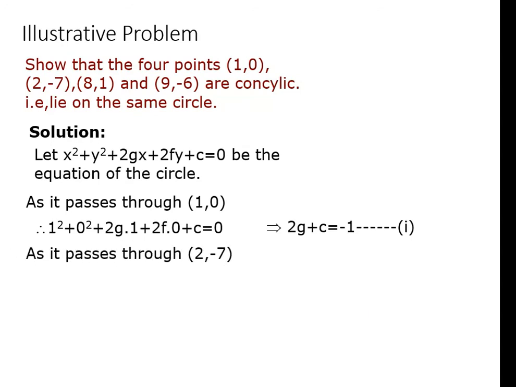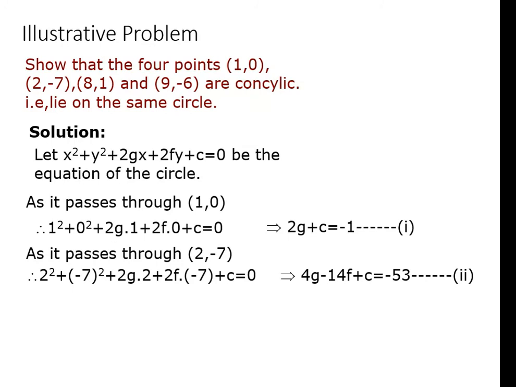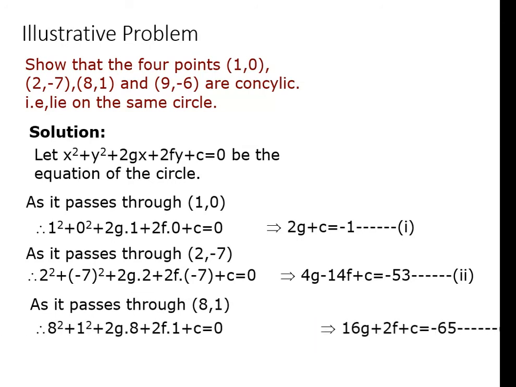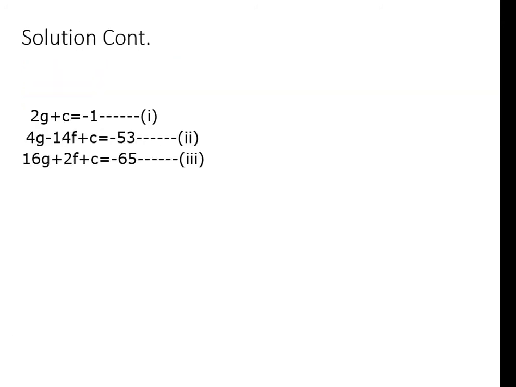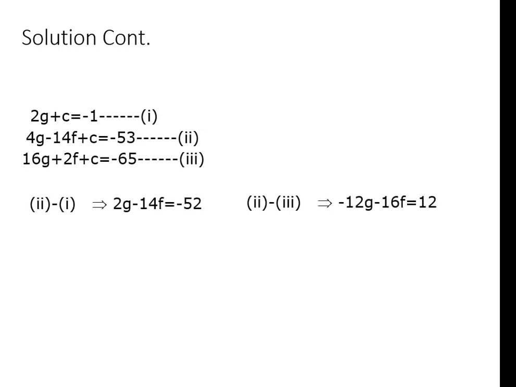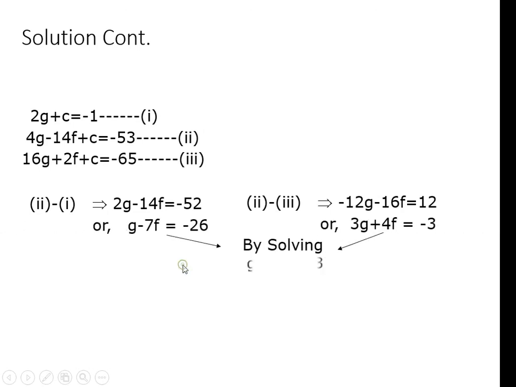It passes through the second point, we get a value, and this value is 4g minus 14f plus c, and then it passes through 8, 1, and after simplification we get 3 equations. Solving these 3, from 2 minus 1 we get this, from 2 minus 3 we get this, for f and g. Then simplifying these two, we get g is equal to minus 5, f is equal to 3, c is equal to 9.